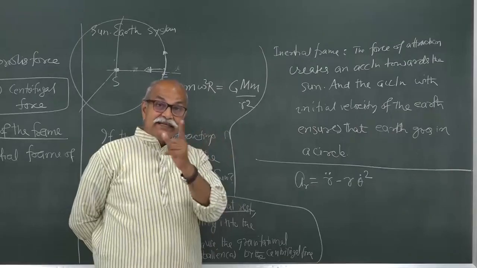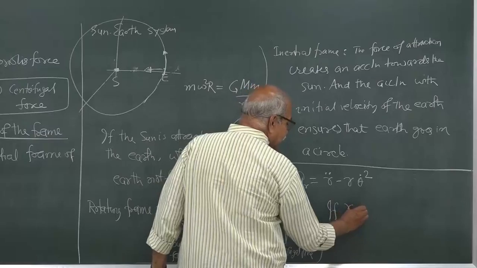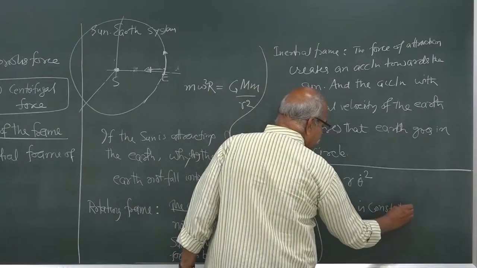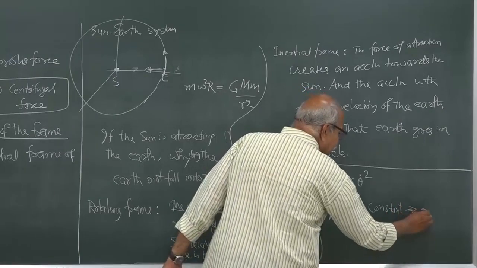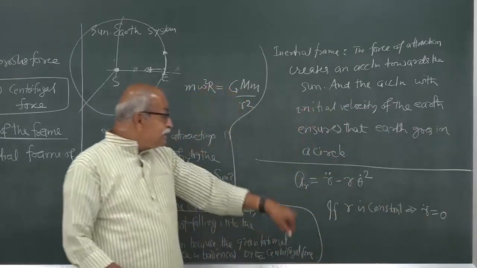So, that r is maintained. If r is fixed, r is constant, that means r dot is 0 and r double dot is 0, but that does not mean that a_r is 0.